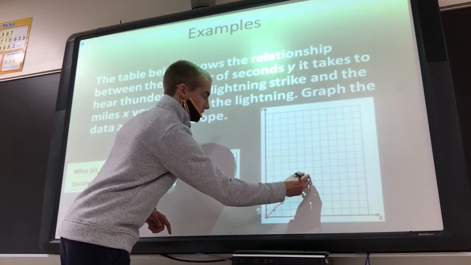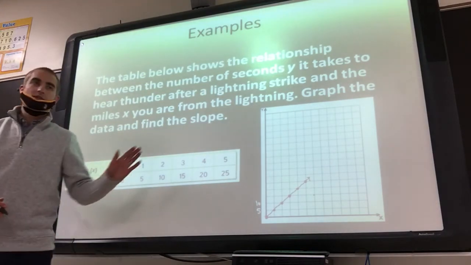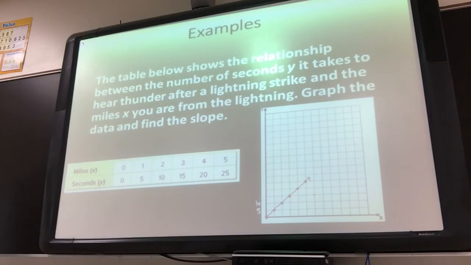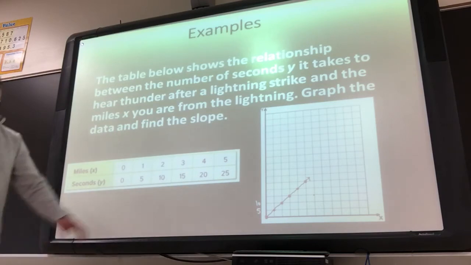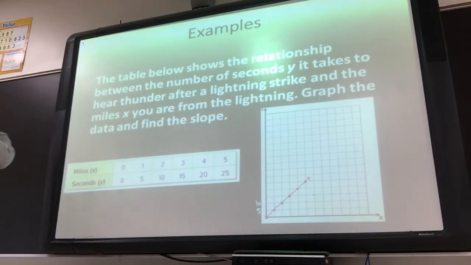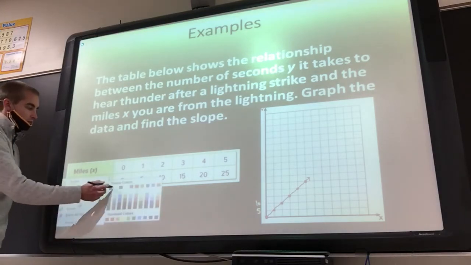And one thing I'm going to do is draw an arrow at the end of that line just to show that it doesn't stop there. We could keep going, but we don't have that information. And on Wednesday we're going to get a lot of practice drawing our lines like this. So that's graphing, and then we've got to find the slope.